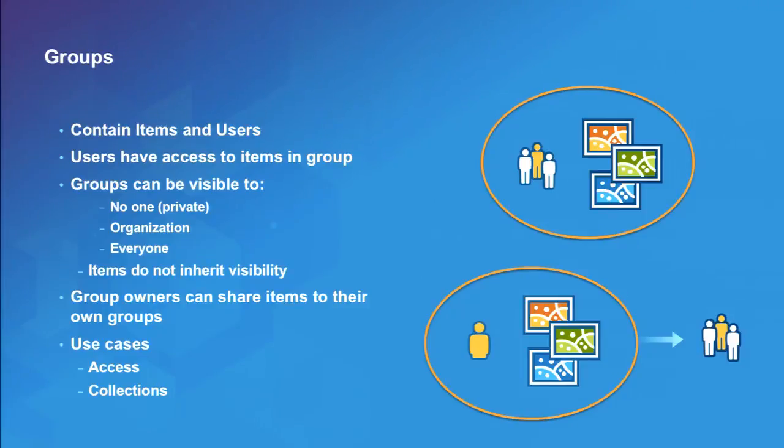So for instance, our Living Atlas is an example. All the Living Atlas items are actually inside of a group, and you can discover that group and then see all the Living Atlas items. The other thing is our featured gallery on ArcGIS Online is another group where we put all the items that are interesting and we want to highlight into that group.